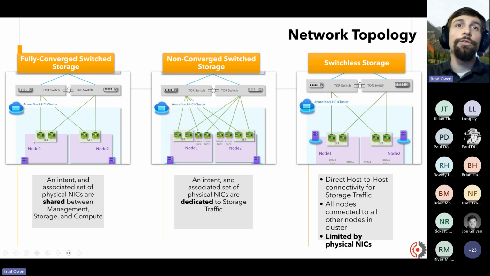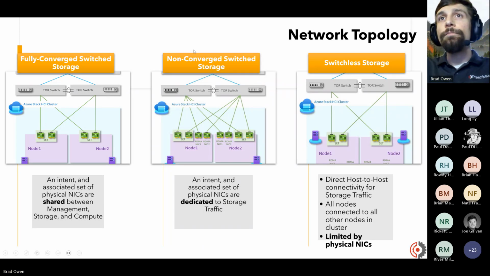And again, all of our intents are on this one set of adapters. It's a coalesced intent group, which allows you to simplify your network so you're running the least amount of cables possible, while also enabling the high resiliency that we were talking about.